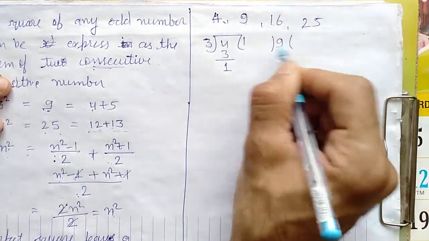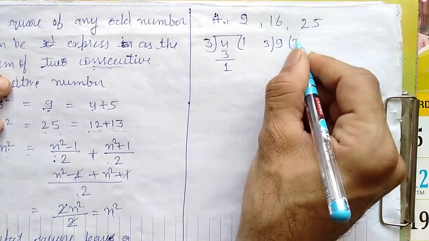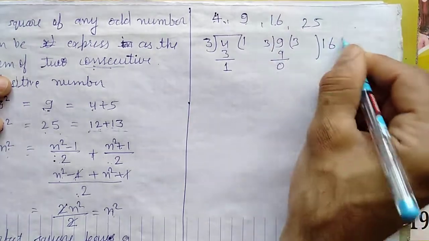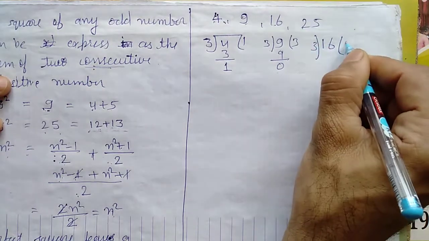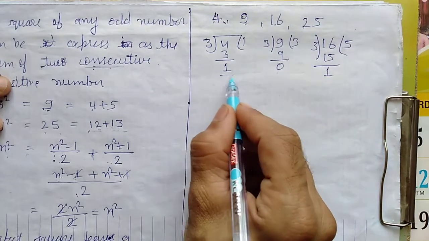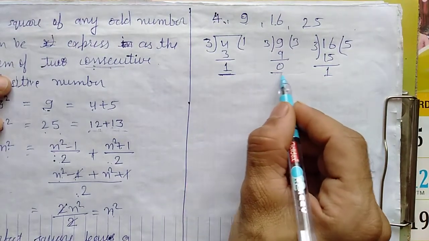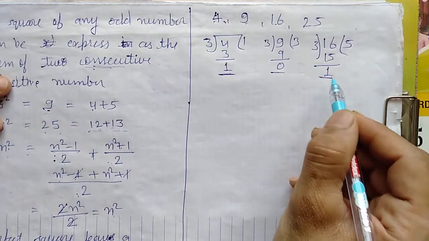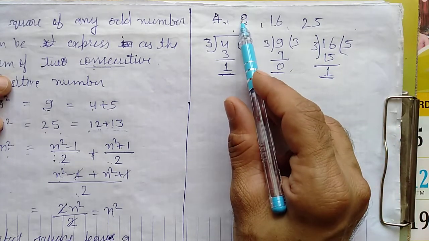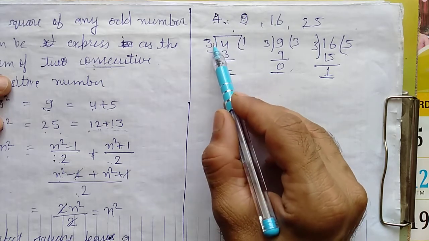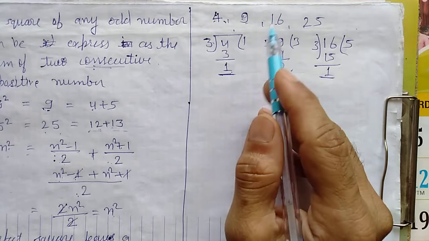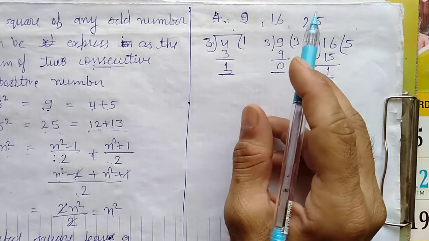Now 9 divided by 3, 3 threes are 9, the remainder is 0. Now 16 divided by 3, 3 fives are 15, what is left? Remainder is 1. It means whenever a perfect square is divided by 3, the remainder will be either 1 or 0. Right?